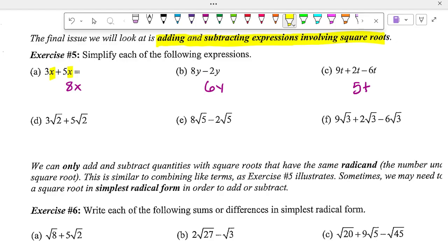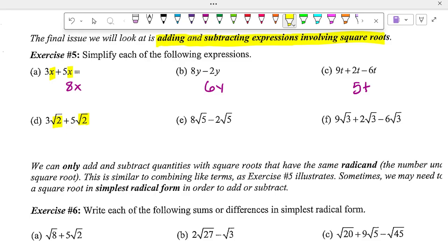Well, guess what? Radicals are almost like combining like terms. But instead of having the same variable, you need to have the same radical. Meaning you have to have the same number underneath the radical, and then you can just add the coefficients, or the number outside of the radical. So for letter D, notice how we both have square root of 2 here.